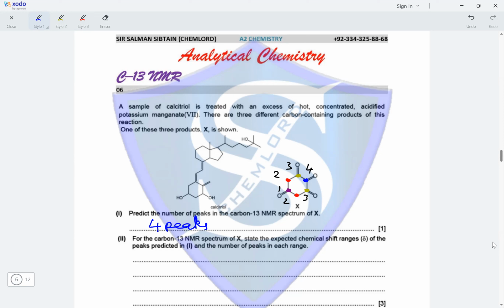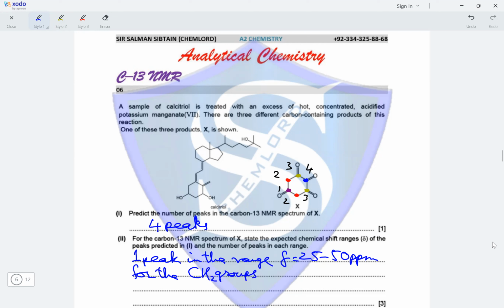So we would have one peak in the range delta equals 25 to 50 ppm for the CH2 groups, and we would have three peaks in the range delta equals 190 to 220 ppm. This is the range for the carbonyl carbon.